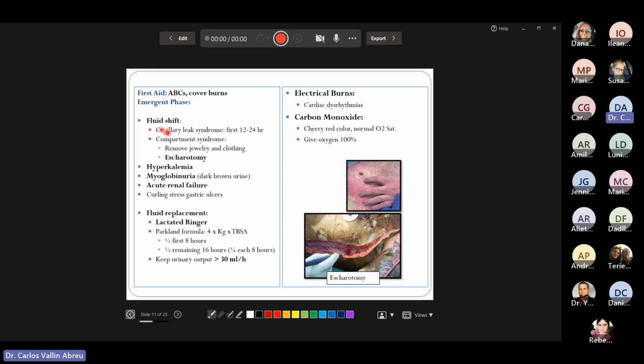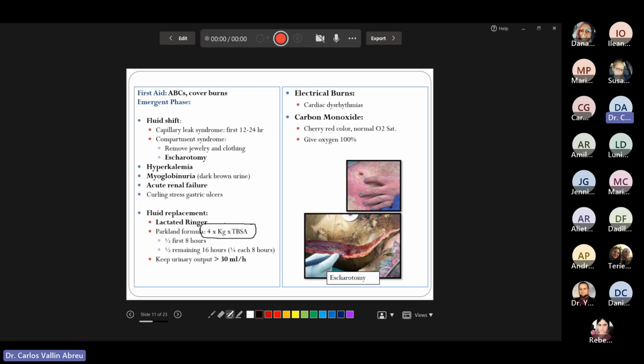And you know that for this hypovolemia, we calculate a volume of liquid with the Parkland formula. The experience that I have with exams is that they don't make you calculate the Parkland formula. They give you the Parkland formula already calculated. But just in case, it is very easy.